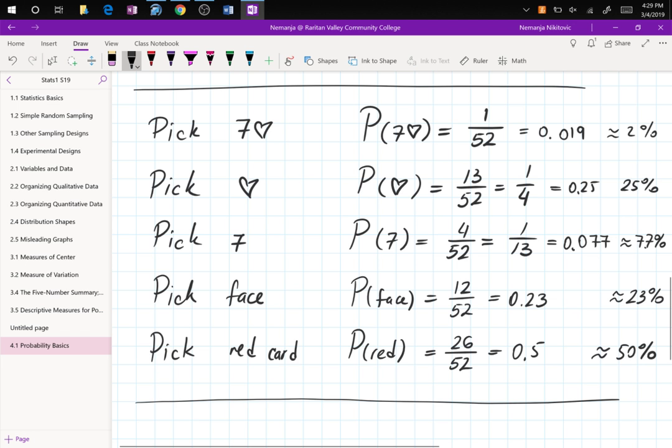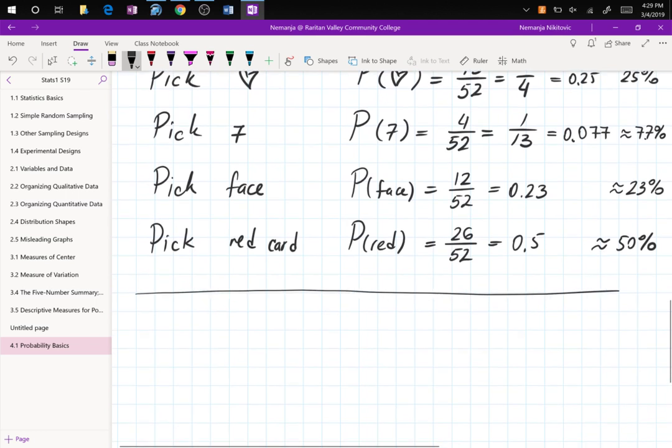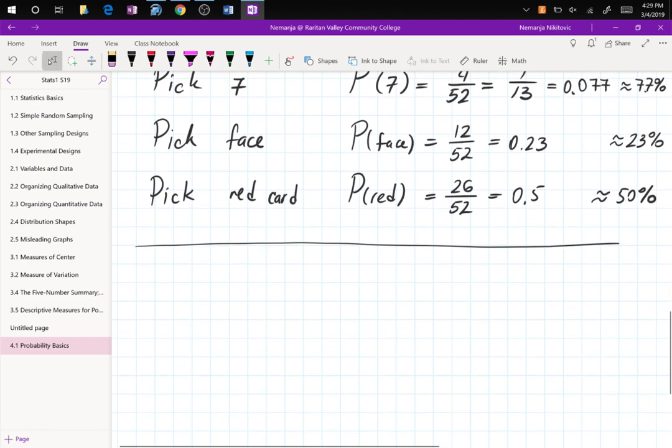So 26 out of 52 to come up with this. So you keep playing this game, and the only formula that you have is this one. You count the number of things that you have, and then probability is frequency divided by all possible outcomes.